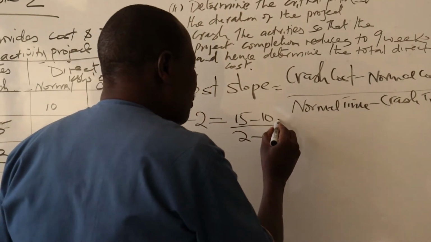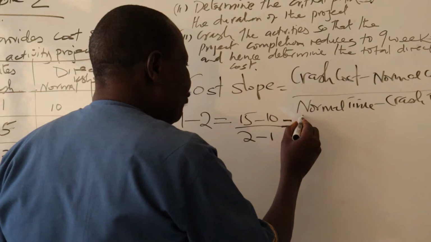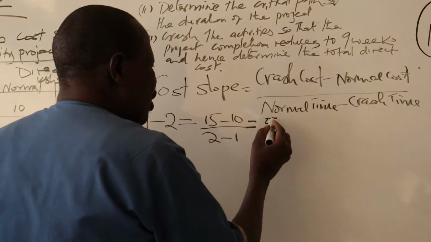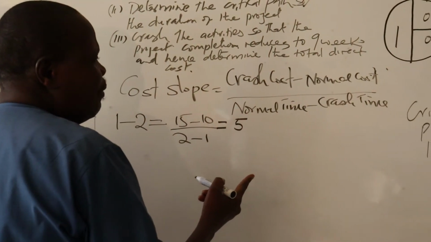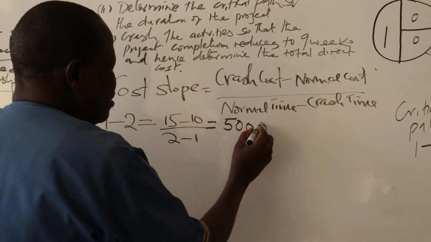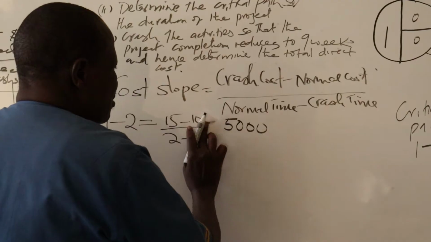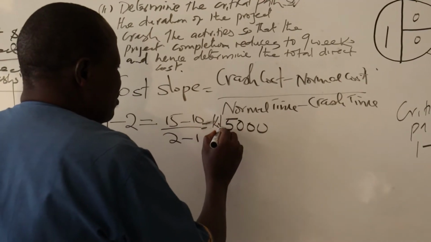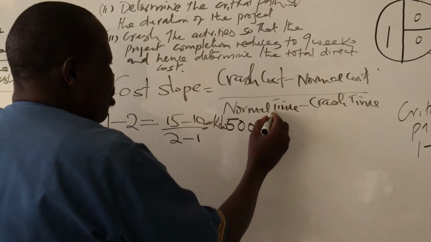So this gives us 5, and the costs are in thousands of Kenya shillings, so this is Kenya shillings 5,000 per week.